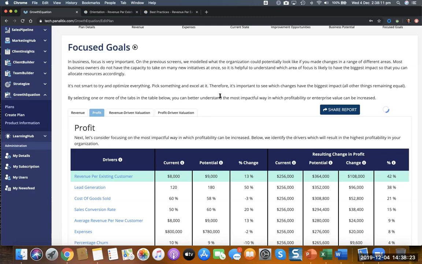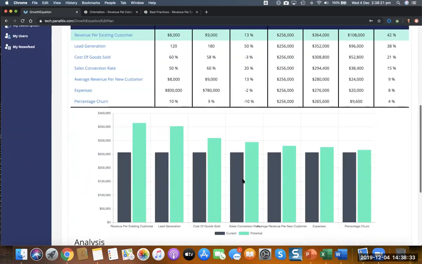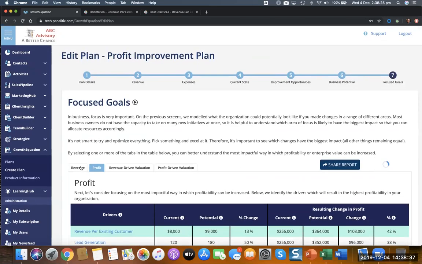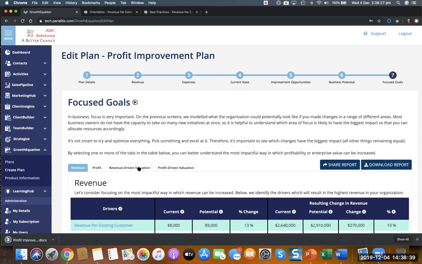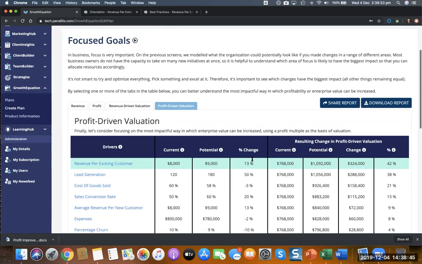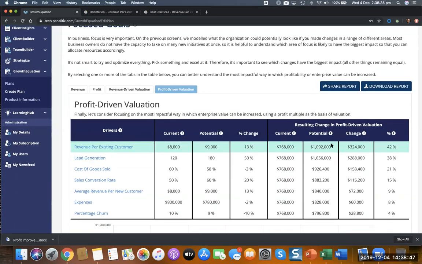So the numbers, the current state of the business, the targets that you set with that particular client, and the tables that you see on the screen, as well as the charts. And you'll have that for profit. You'll also have that for revenue, and you'll have that also for the valuation, whether that's driven by profit or revenue. And you'll notice that the difference here is in terms of the size of the number here.